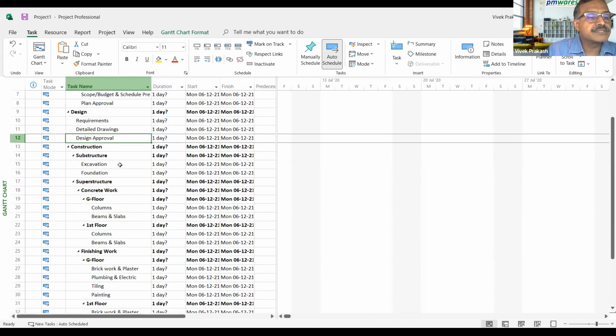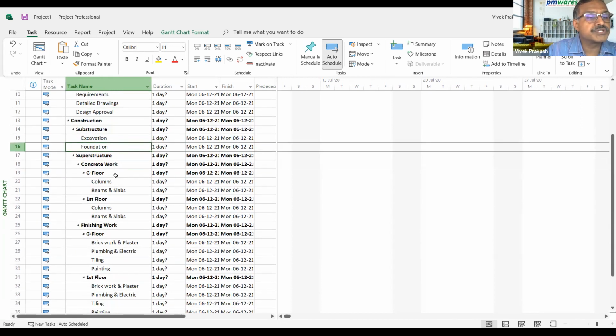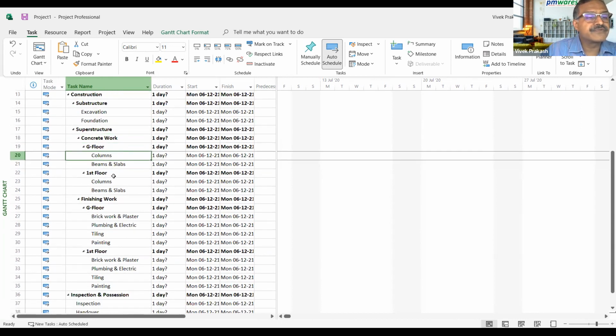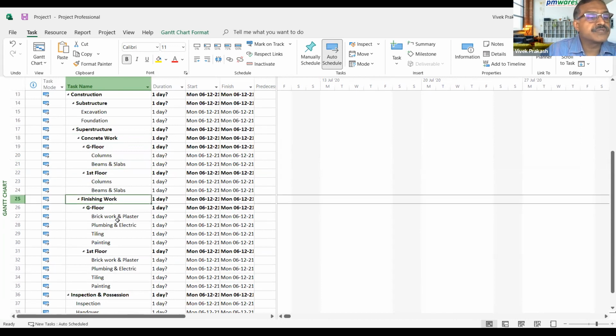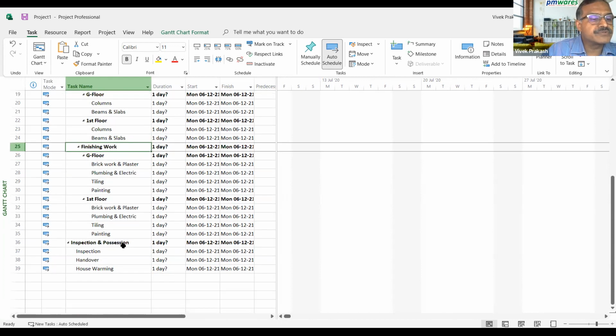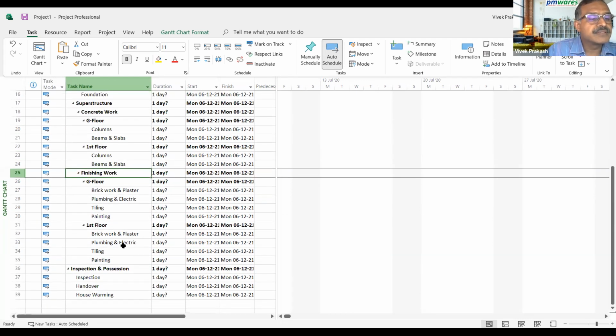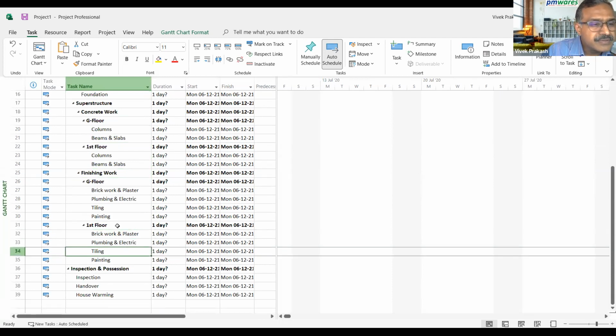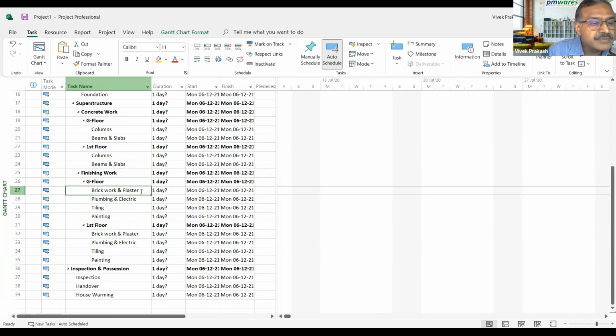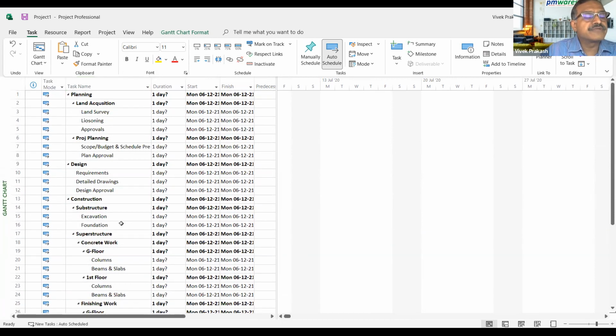This is excavation, foundation, substructure, concrete work, G floor, first floor, finishing. I think this should be okay. Can't reduce any further, right? I think this is what we have to live with.